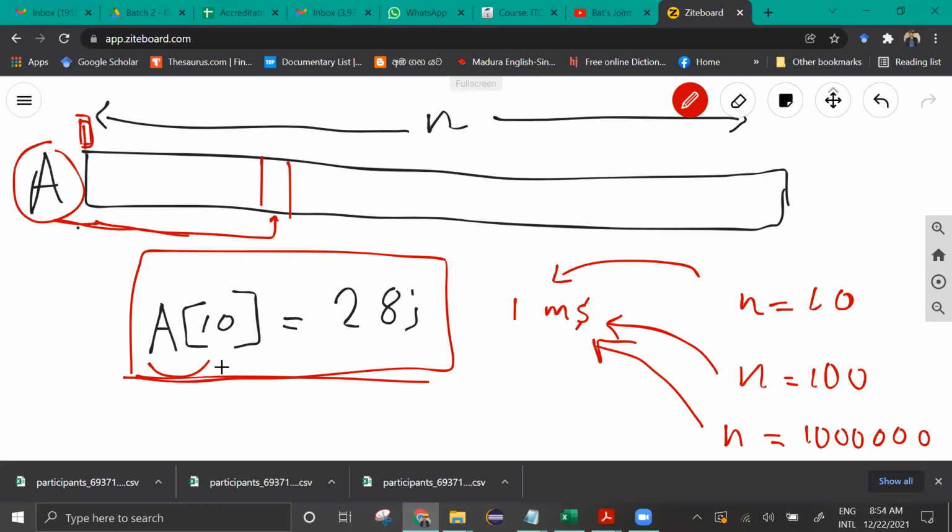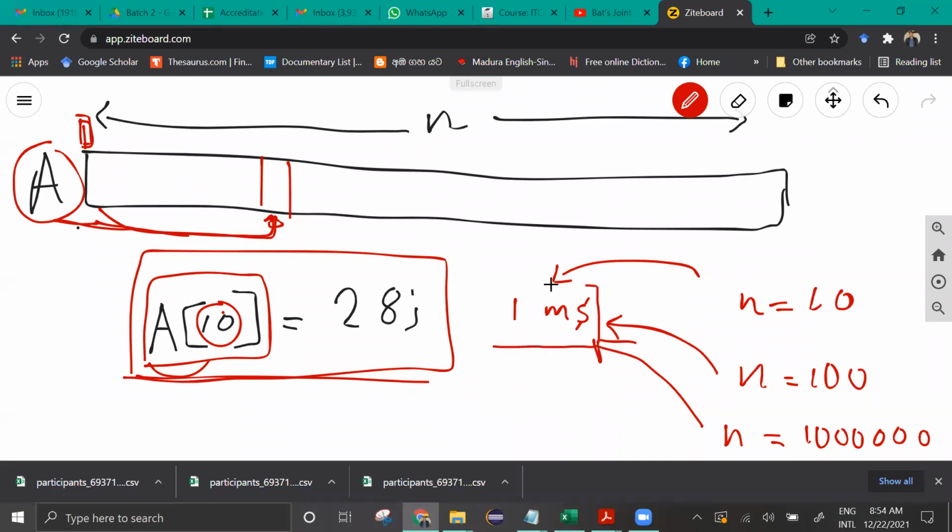What we do here is we just add 10 to this address, and then we can directly access the address of the 10th item. It is just one calculation.